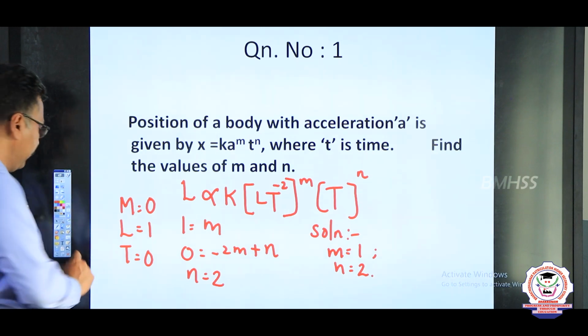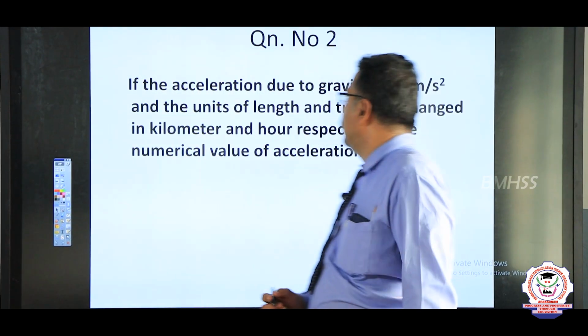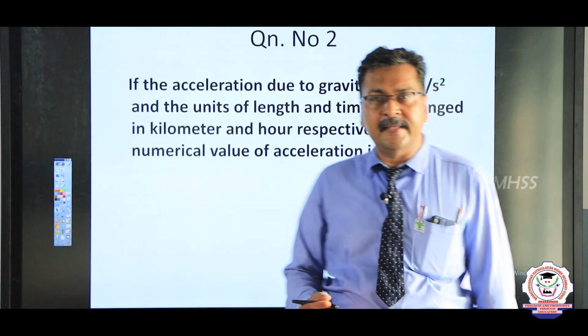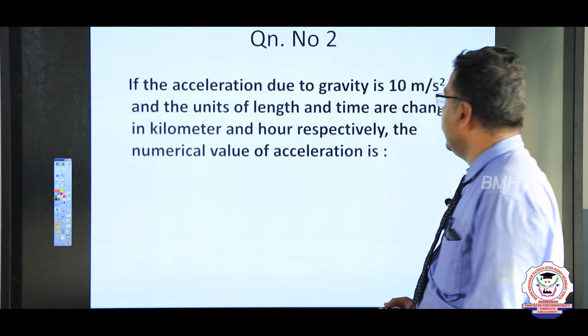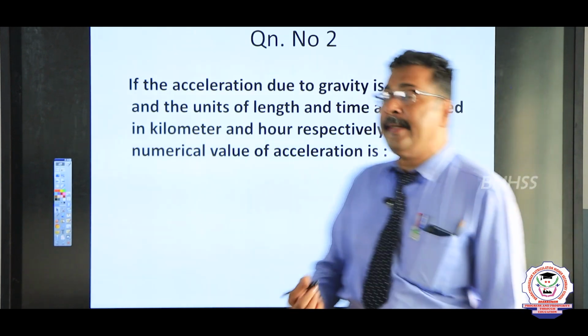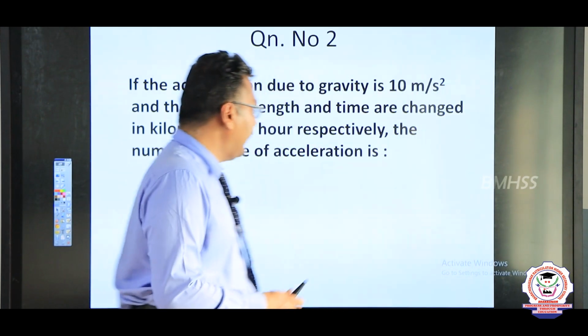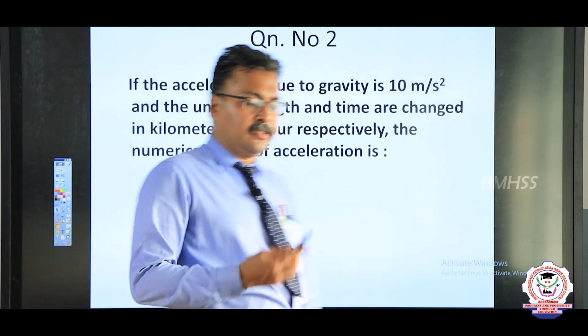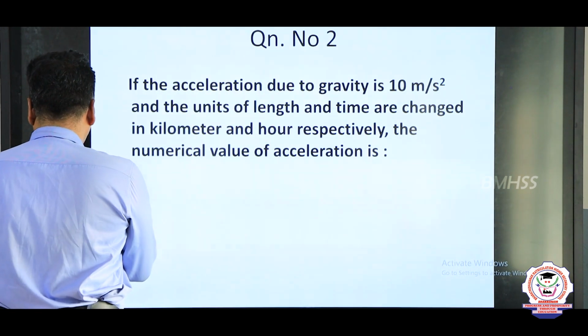So next problem. If acceleration due to gravity is 10 meters per second square and the units of length and time, meters and seconds, are changed to kilometer and hour respectively, the numerical value of acceleration is? So here we are going to convert 10 meters per second square into kilometers per hour square. Let us see how we do it.